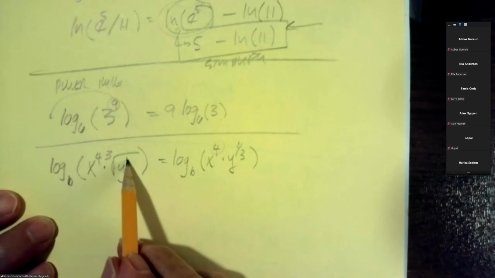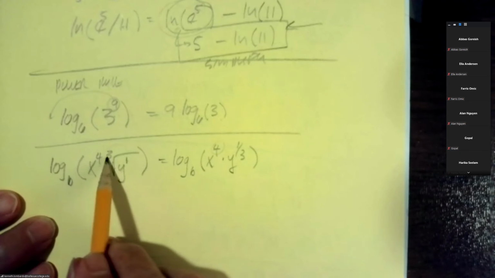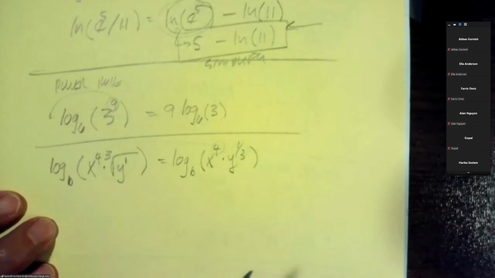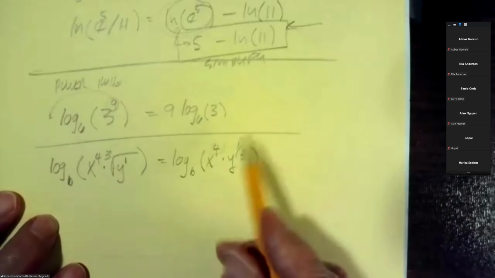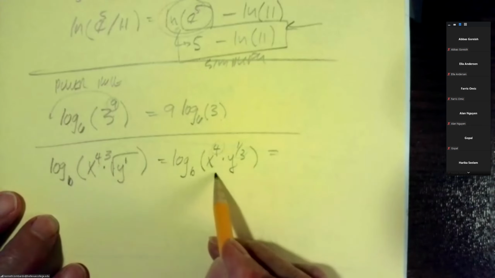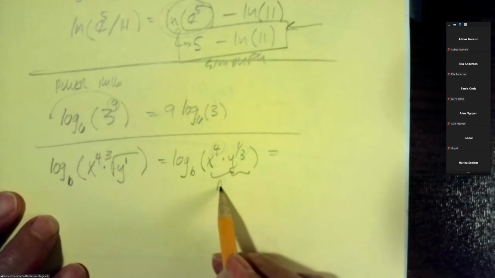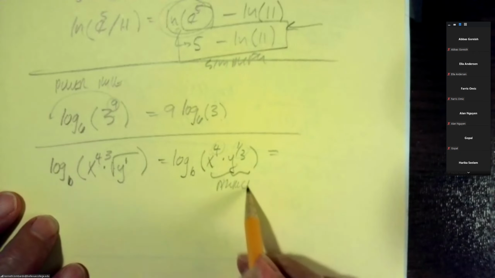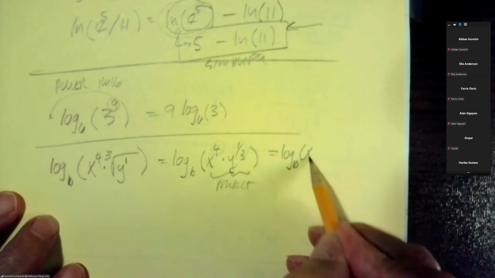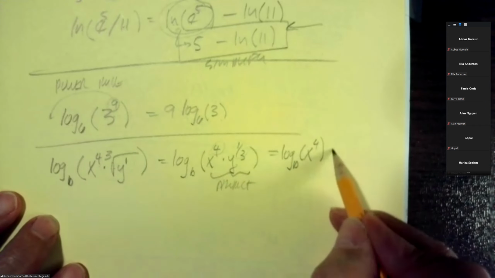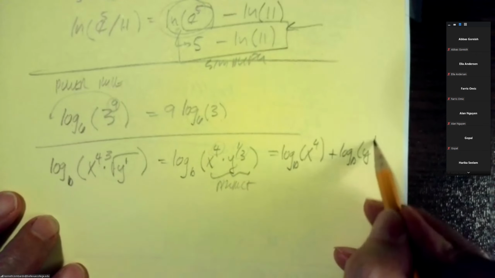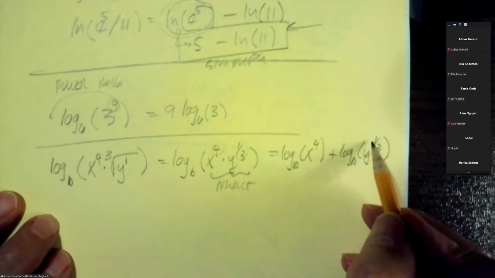This 1 is the exponent, and this is the root here. So that looks like this. Now we've got everything in terms of exponents because I want those to come out and be multipliers when I separate this. So now I have a product here. And this becomes log base b of x to the 4 plus log base b of y to the 1/3.